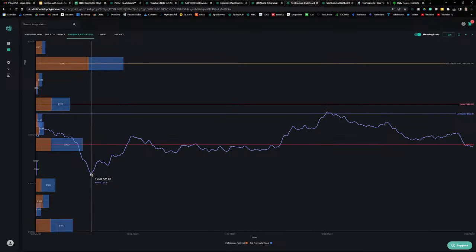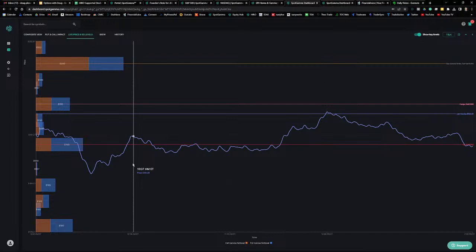Those puts go in the money, invoking increased dealer hedging in the direction of selling Tesla stock to hedge their delta exposure as those puts go further in the money, and their delta exposure is increasing.